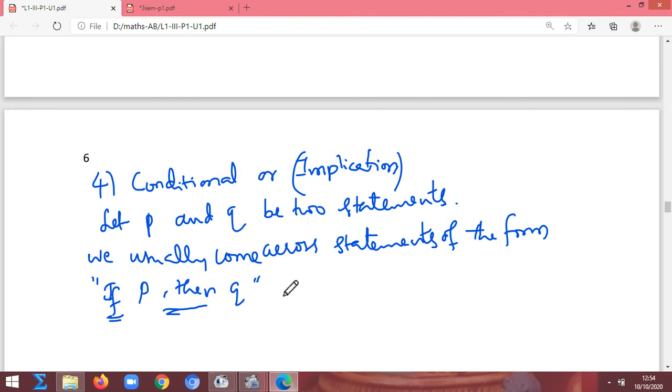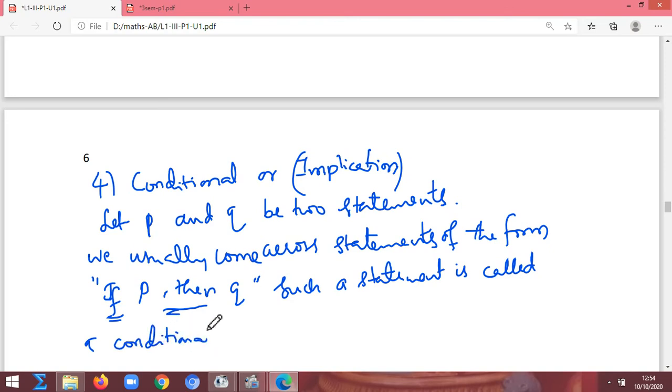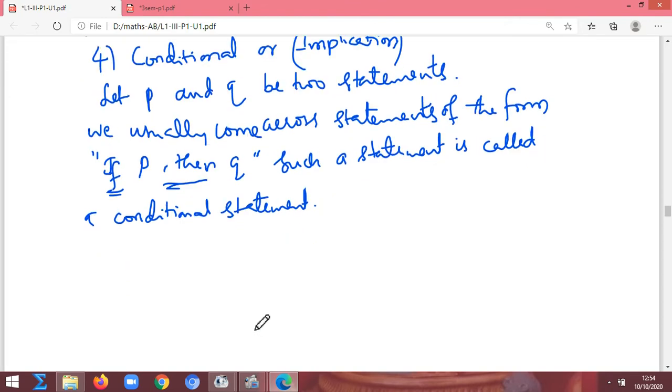Such a statement is called a conditional statement, and it is denoted by p implies q.